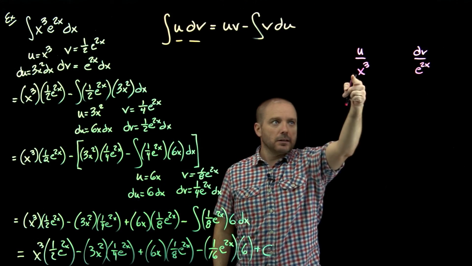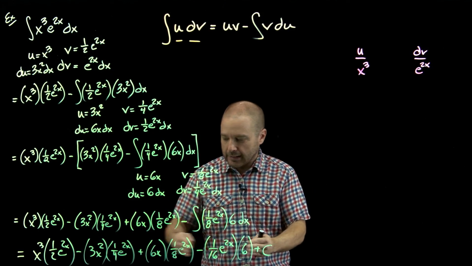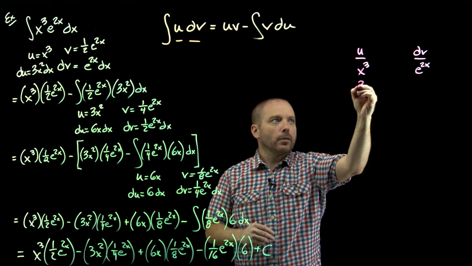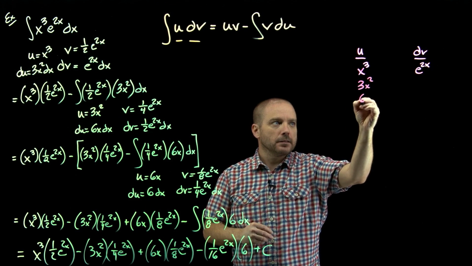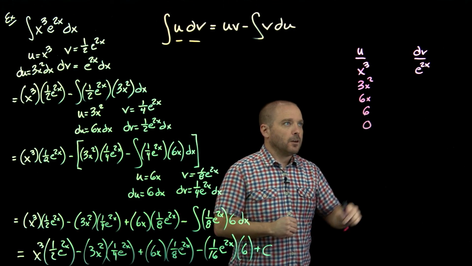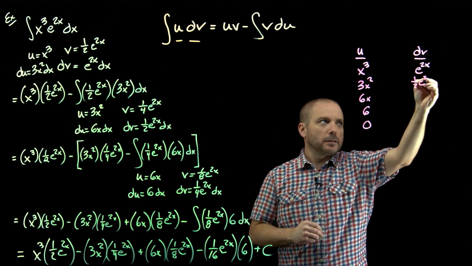Now I'm just going to differentiate to generate these terms. So we're going to see how we could get to this answer much quicker than all of this. So 3x squared, 6x, 6, nothing. Over here, I'm just going to integrate.